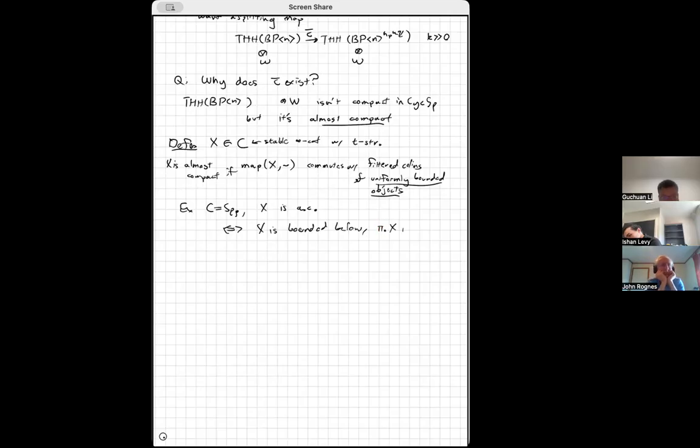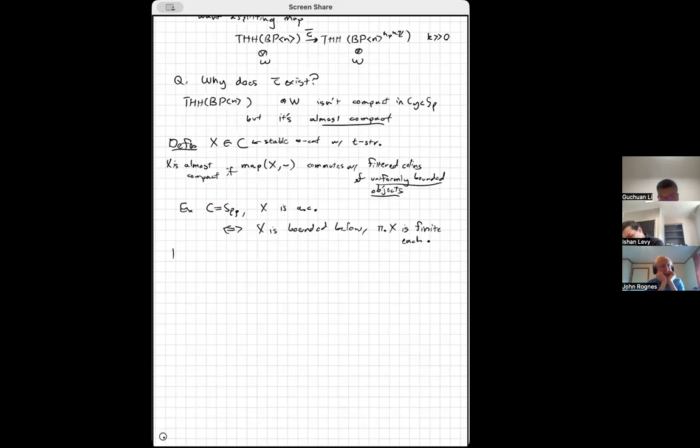and pi star of X is finite for each star. And let's see, is that it? I think that's it. Yeah. So if you have these two conditions, that's what it means to be almost compact in p-complete spectra.